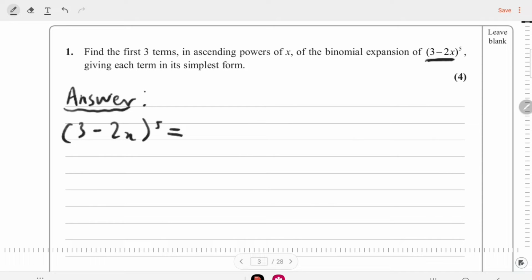Okay, so what we need to do now is rewrite this in the form of (1 - something x)^n.